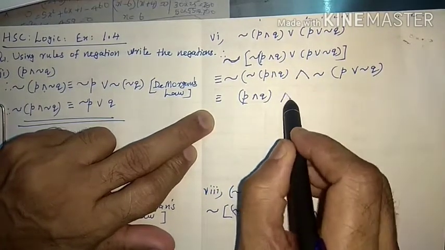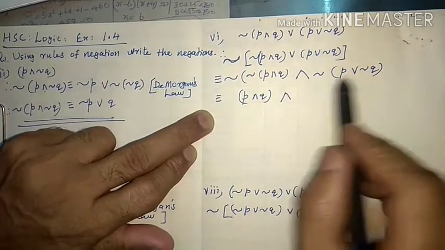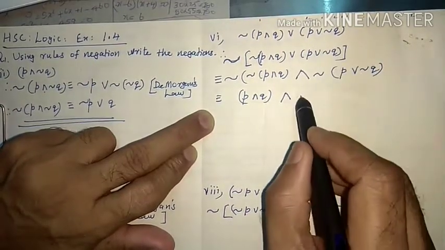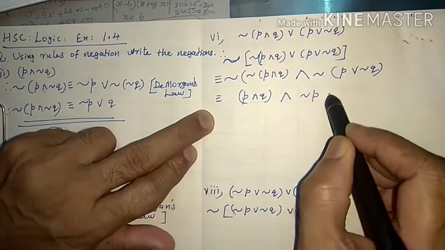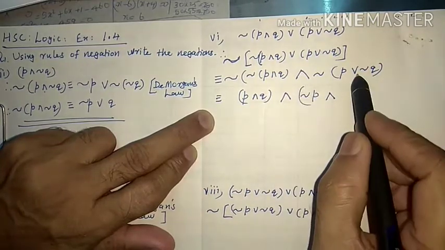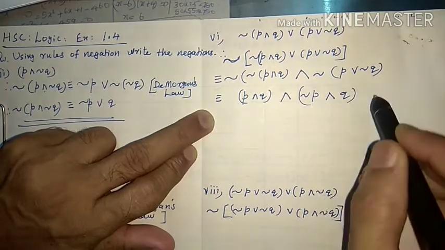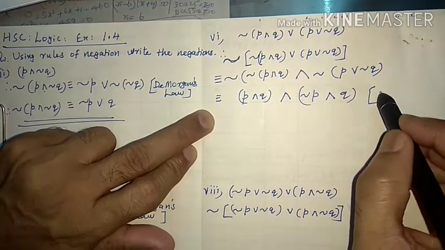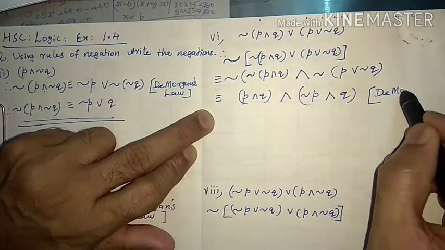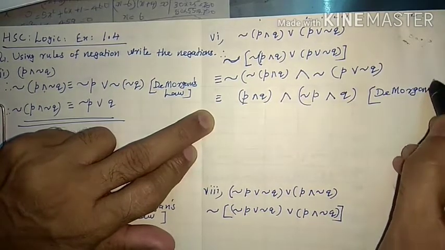This conjunction. Here we apply the De Morgan's law. Negation P. Disjunction becomes conjunction. Negation of negation Q. That is Q itself. What is the rule here we are using? De Morgan's law.